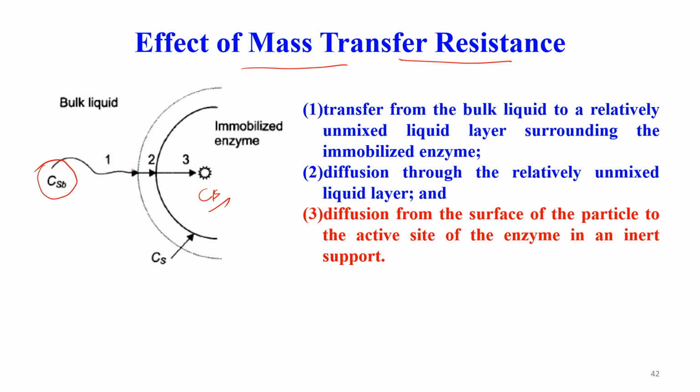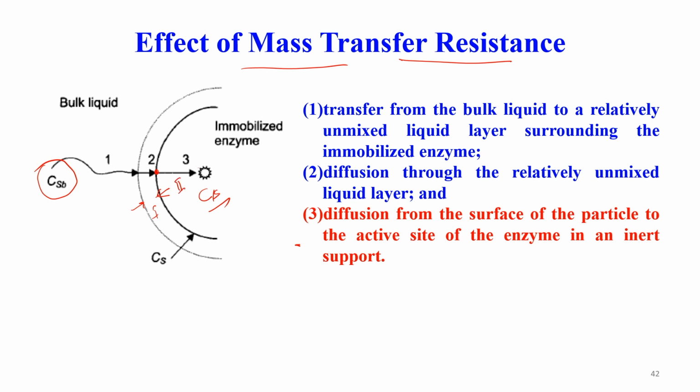From the bulk it has to cross the film and then reach the surface. This is the first resistance, and then once it has reached the surface, it has to reach the active site of the enzyme. This is the second resistance, it is facing two resistances.